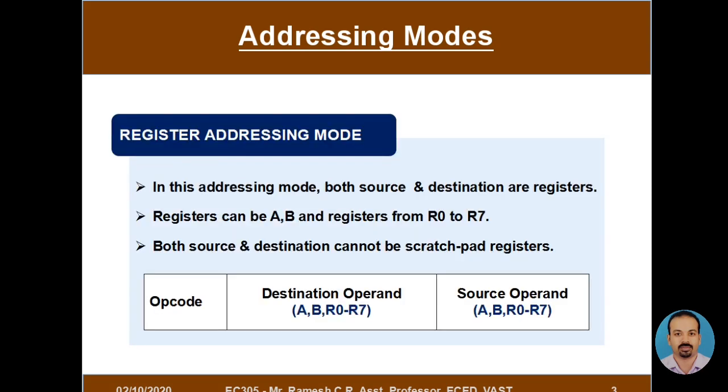Looking into the first mode of addressing, that is register addressing mode, as we know from the name itself, in this the operands will be available in the registers. So in this addressing mode, both the source and destination operands or locations will be registers, and in this case we can make use of register A, B, or any of the registers denoted as R0 to R7 from the register bank.